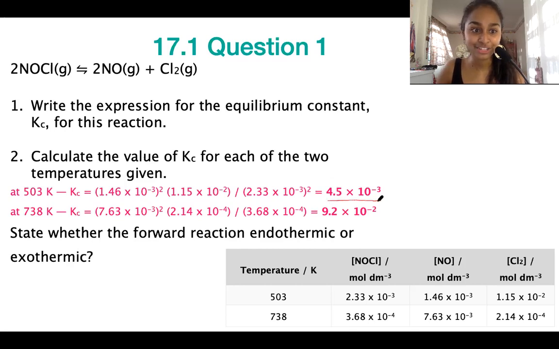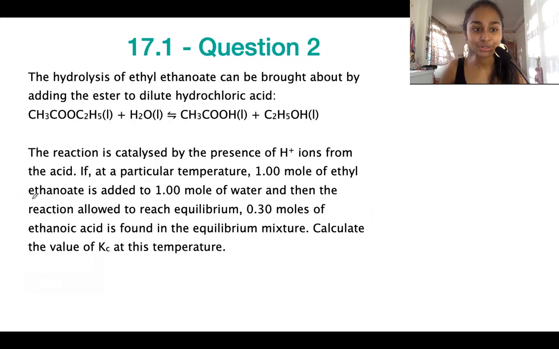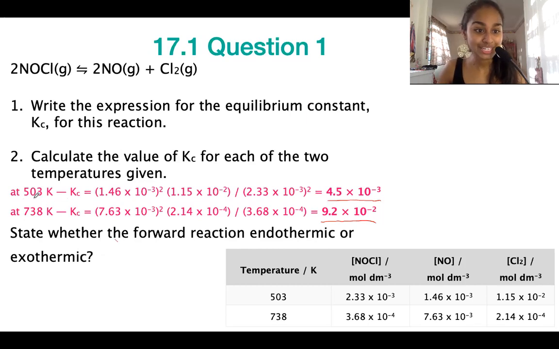So Kc at 503 Kelvin is 4.5 times 10 to the minus 3. And Kc at 738 Kelvin is 9.2 times 10 to the minus 2. So based on these values, you're now asked to predict whether the forward reaction is endothermic or exothermic. So with an increase in temperature, what you've noticed is that there's also been an increase in the Kc.